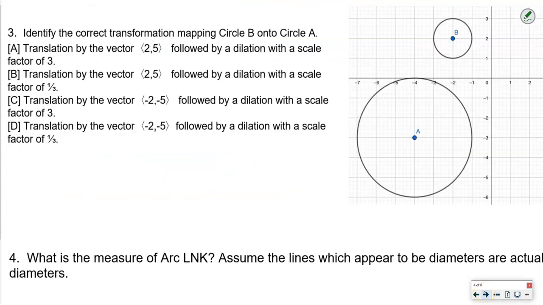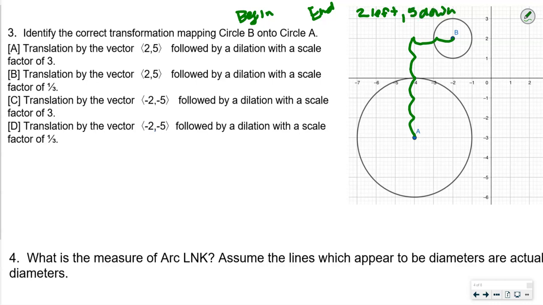So this next one says identifying the correct transformation mapping circle B to circle A. So that means B is where we begin and A is where we end. Okay, so that's important. So let's go ahead and count how much we moved left, right, up, down to get from B to A. Okay, so we're going to count 1, 2 left, and then we're going to count 1, 2, 3, 4, 5 down.